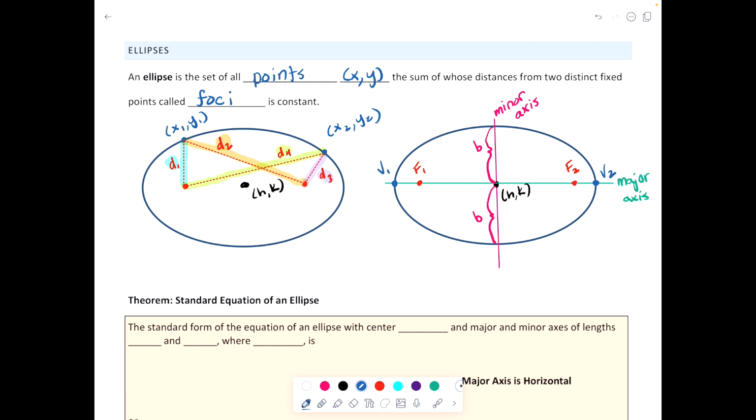The distance a goes from here to here, so this would be a. And then c is this distance right here.